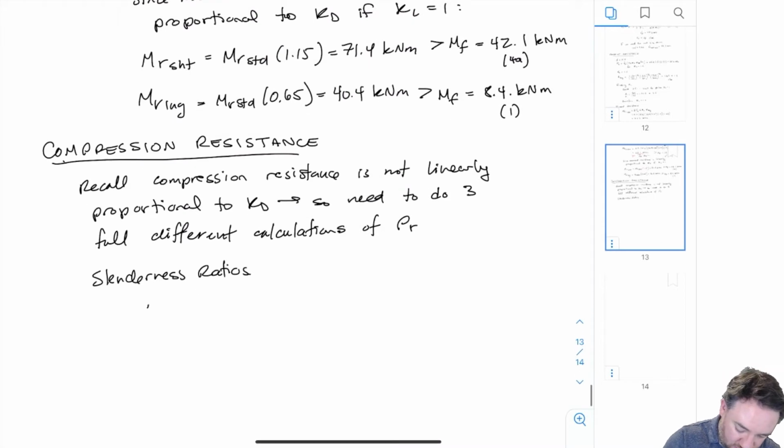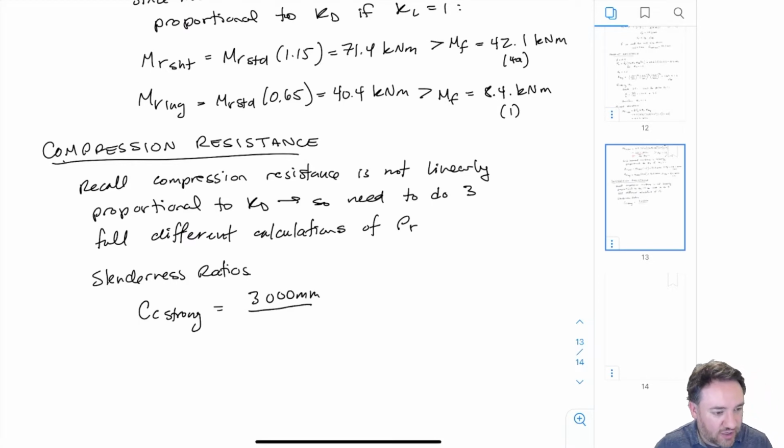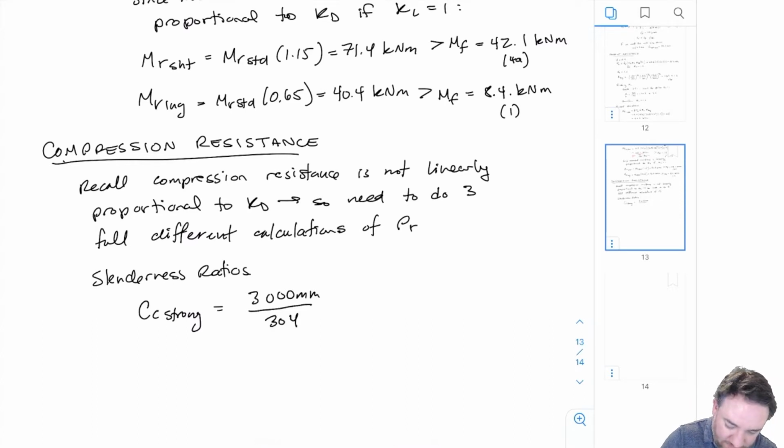So let's do CC strong, which is 3.0 meters, so let's say 3,000 millimeters, divided by D, which is the strong axis dimension of the cross section, which is 304. And I get a slenderness of 9.9, and this is less than 50, so that's okay.